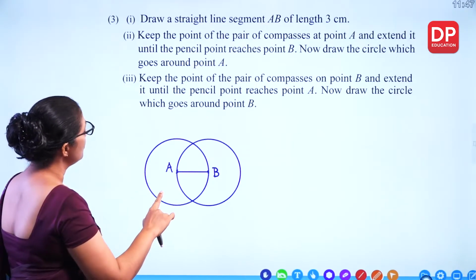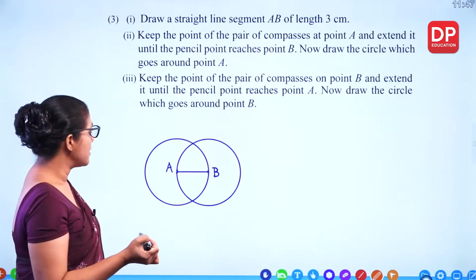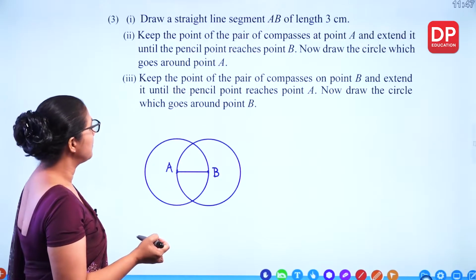So you get the same radius, with center A and center B.